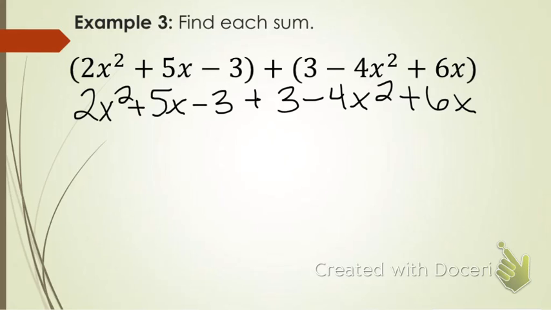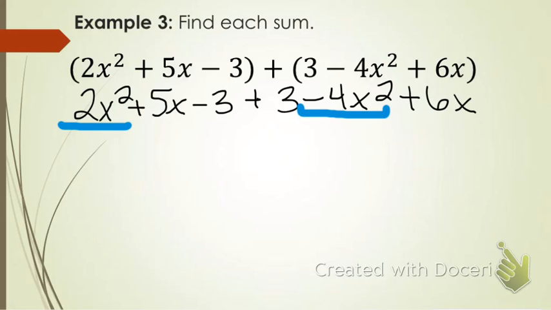So the next thing you want to do is, what is the highest power that you're working with? In this case, the highest power is a 2. Now I have two terms that have the highest degree of 2. So those two terms, I will be writing them right next to each other.